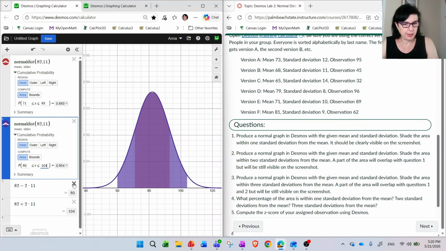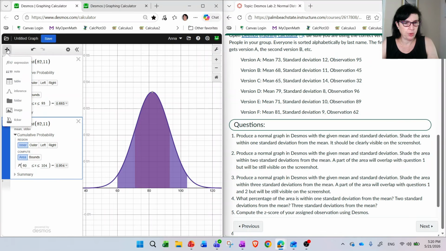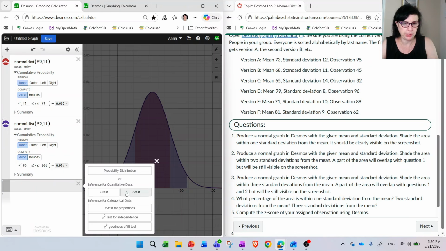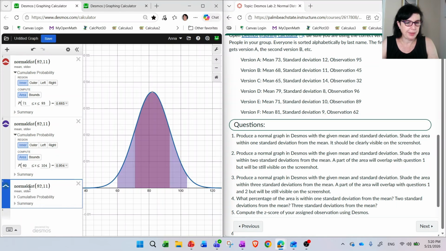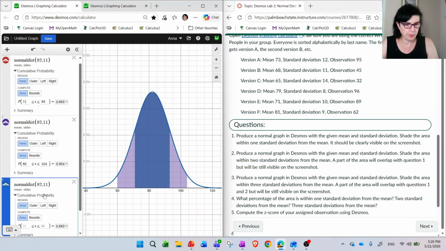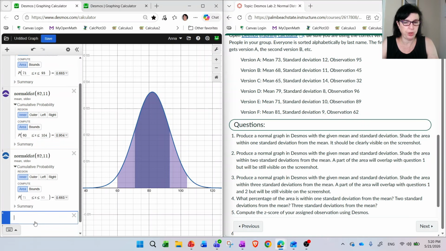Okay, finally, the last one we need, let me close out of this, is again go to the plus sign. I want to do everything on the same graph. Go to inference. Go to probability distribution, use the same mean and standard deviation as before, but this time, again, open cumulative probability. We want to show 3 standard deviations. So what is that?